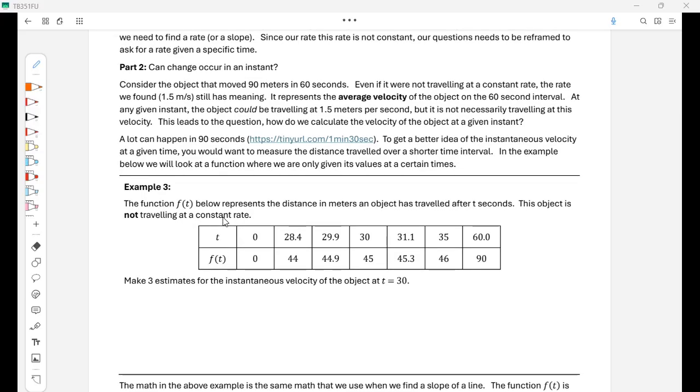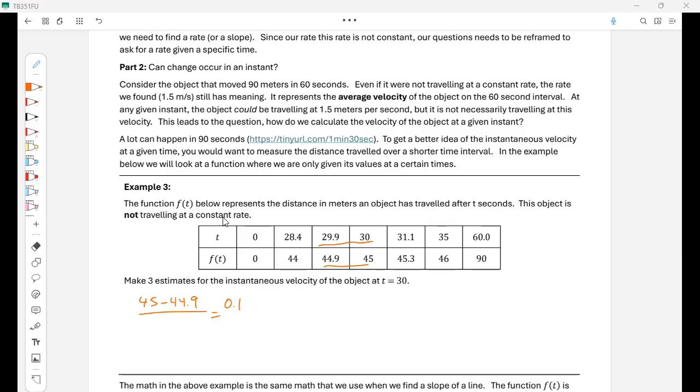So if I wanted to use 29.9 and 30, I would do the same thing I was doing when I was doing the slope. I just want to figure out how much the distance has changed and how much the time has changed and divide them to get meters per second. So in this case, I will correctly do 45 minus 44.9 to find out that it traveled 0.1 meters.